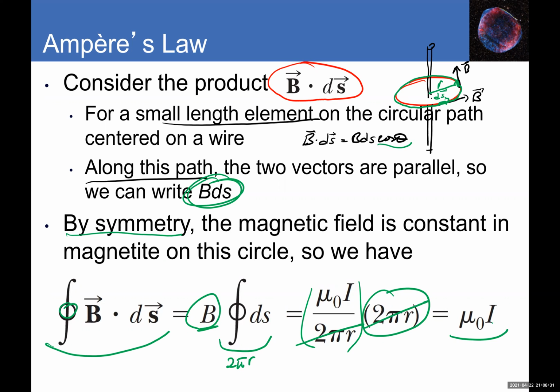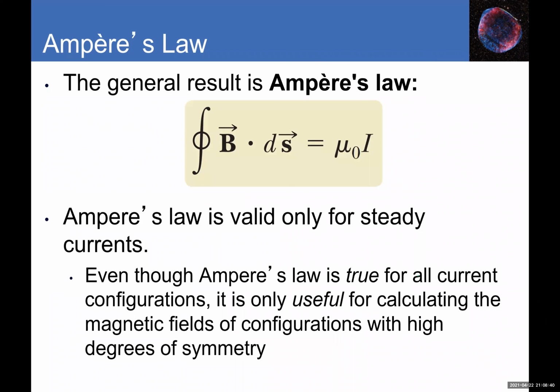And the current here is the current that is enclosed inside that imaginary loop. Okay. Now that is known as Ampere's law. Ampere's law gives you the closed integral of B dot ds, and it relates this integral to the current.